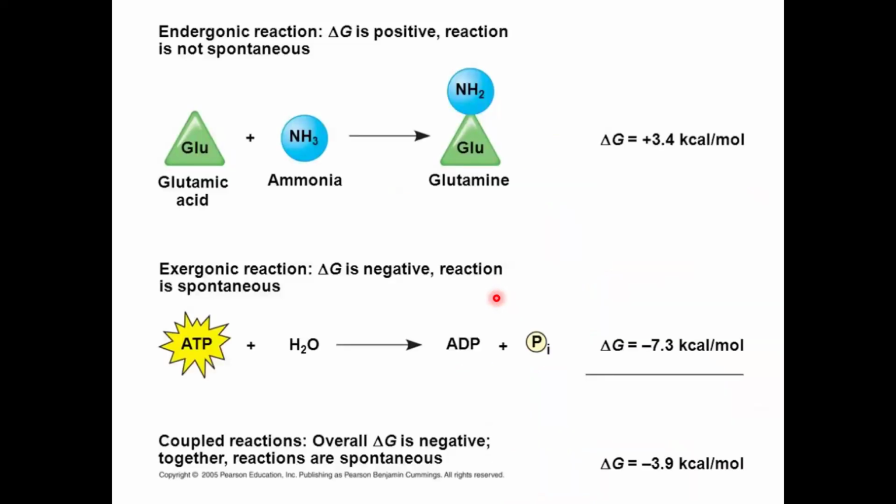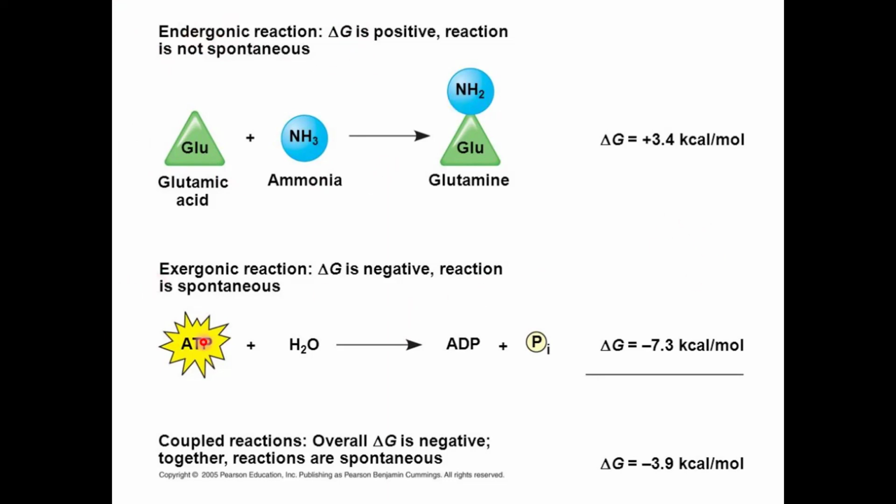Now, just to see what is actually happening in this energetic coupling: the endergonic reaction itself, glutamic acid turning to glutamine, is not spontaneous, which means it's an endergonic reaction where the delta G itself is positive.